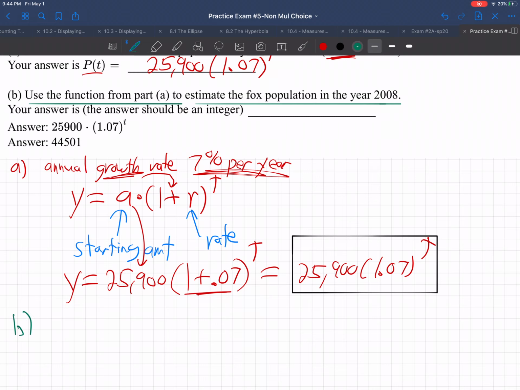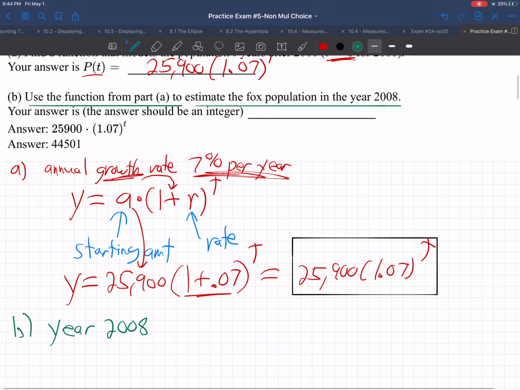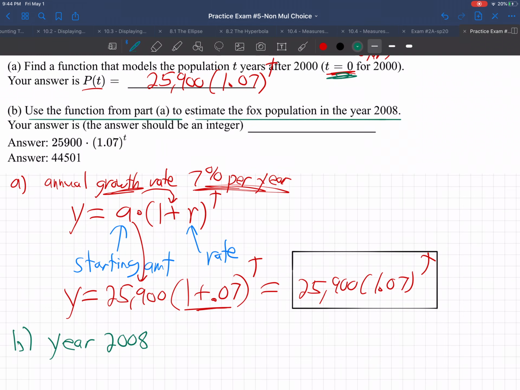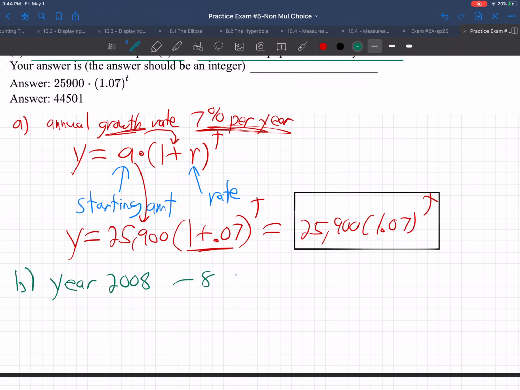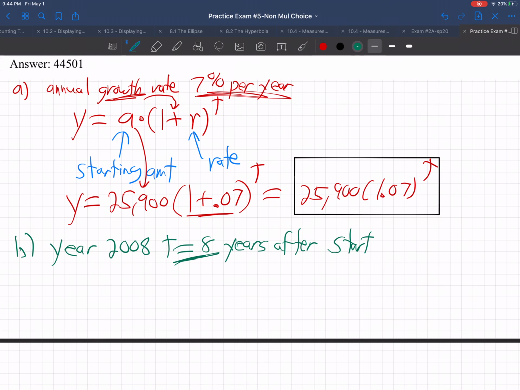Okay, so in the year 2008, time was 0 in the year 2000, so this is 8 years after the start. That means t equals 8. So you just plug in 8 to that formula.